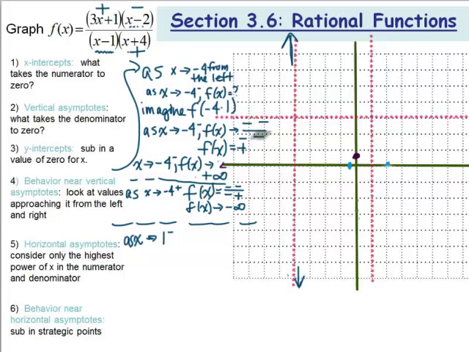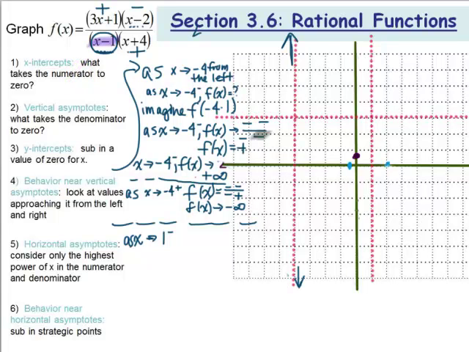So those are not going to change at all. So the factor that's going to be different, whether it's on the left or on the right, is this one. Because if it's a teeny bit to the left, 0.9 minus 1, it's going to be negative. If it's a teeny bit to the right, 1.1 minus 1, it's going to be positive.